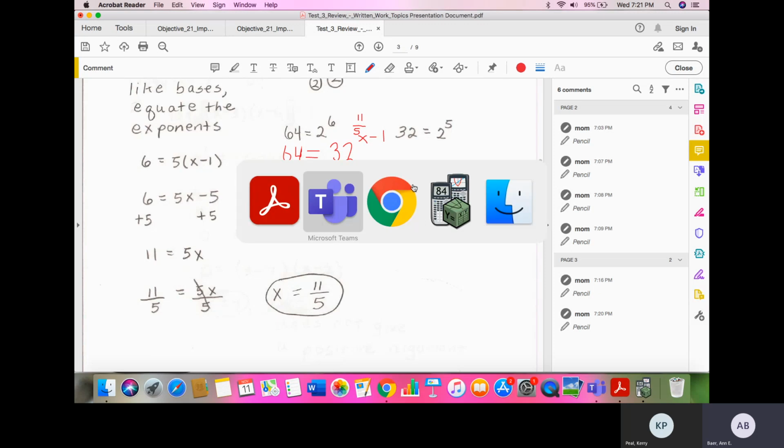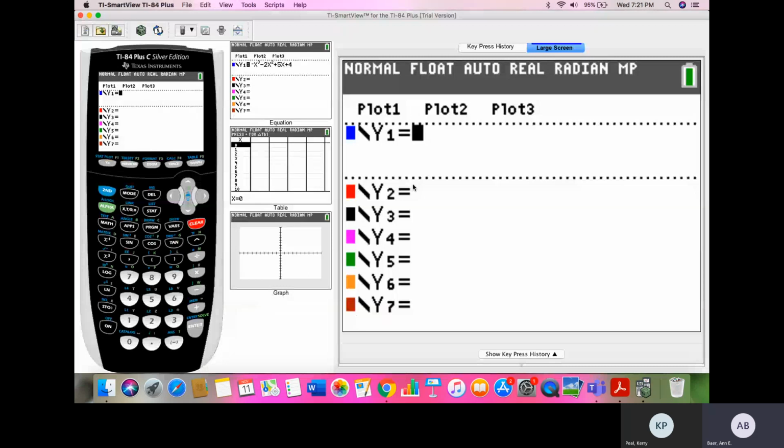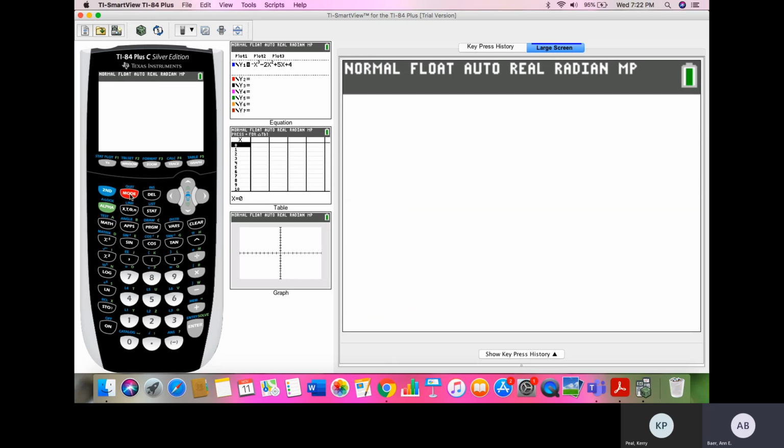So I have a graphing calculator here. It's actually an emulator, and I will show you how to do that if you don't already know. So I'm going to go to the home screen. That's this quit up here, and that is in blue, so I need to use my blue second button. And so that's actually second mode, and that's going to take me to the home screen.